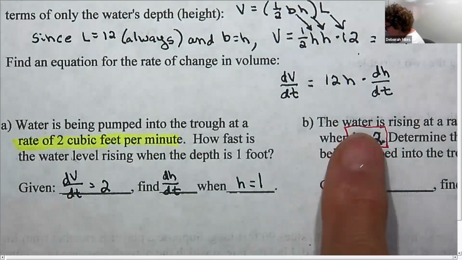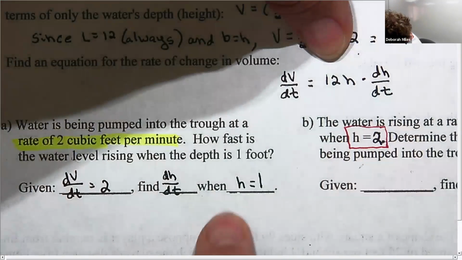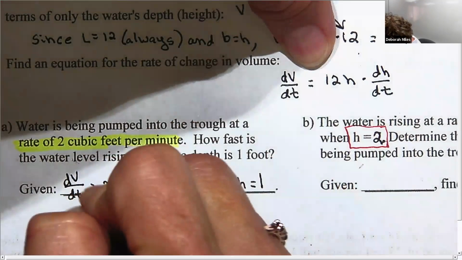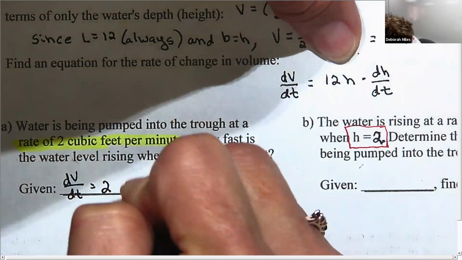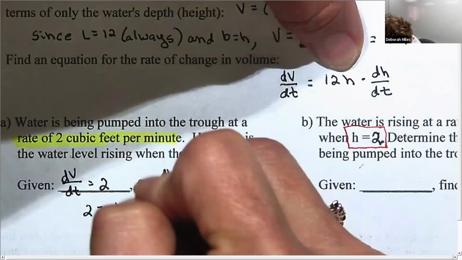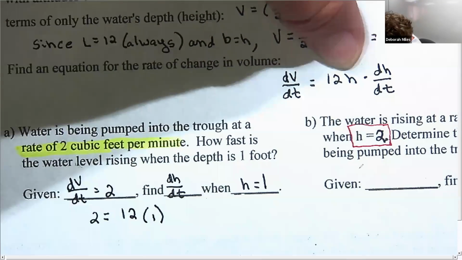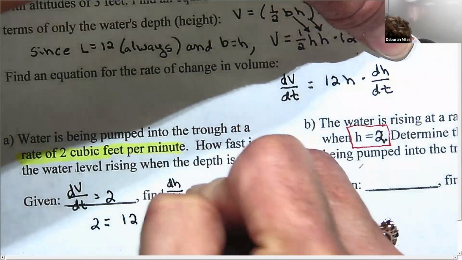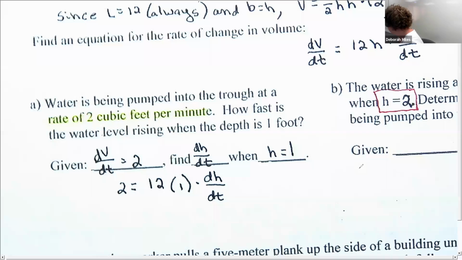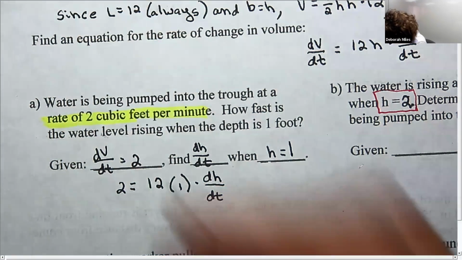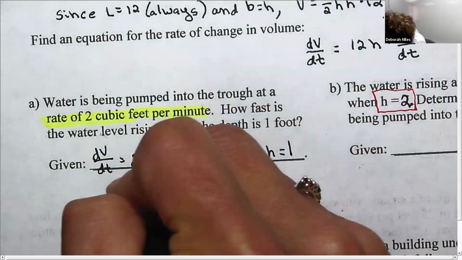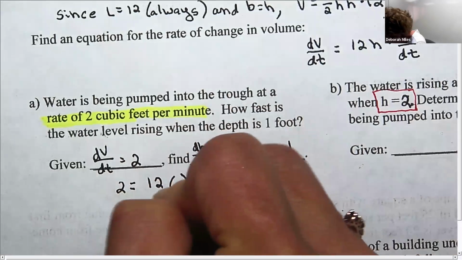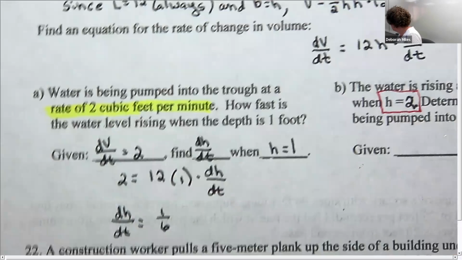We're going to use this equation and say dV over dt is 2 equals 12 times the specific height, 1, times dH over dt, the thing we're looking for. Which reduces to 1/6.